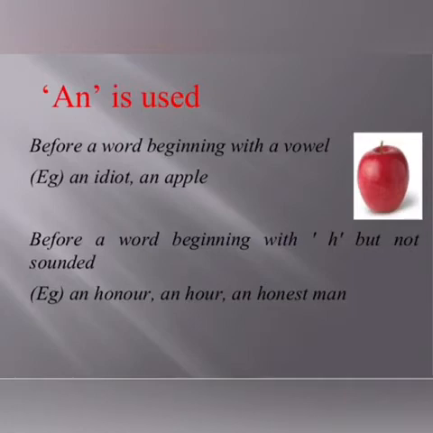Before a word beginning with a vowel, for example, an idiot, an apple, we use an. Also before a word beginning with H that is not sounded, for example, an hour, an honest man, we use an with it.